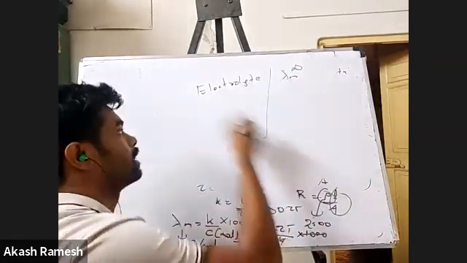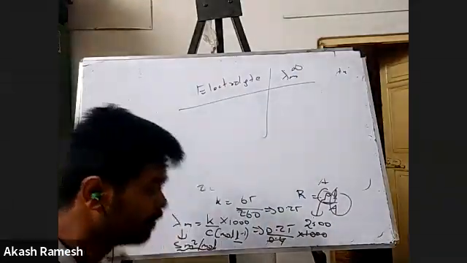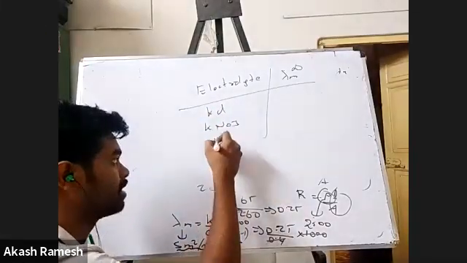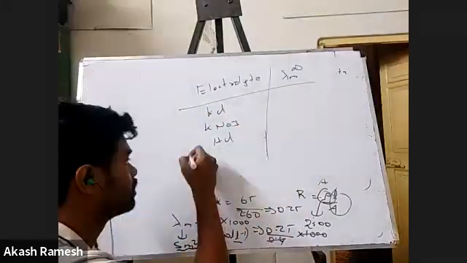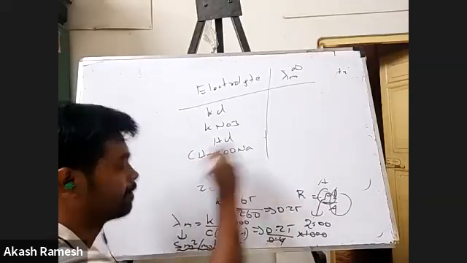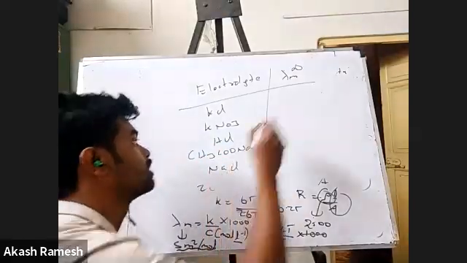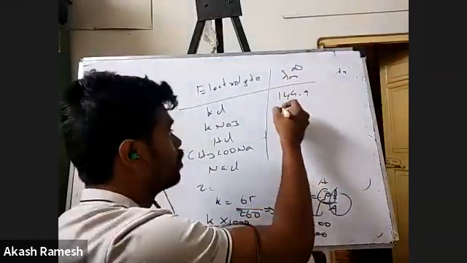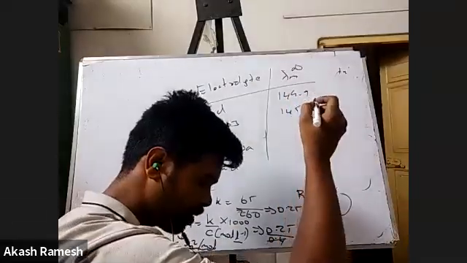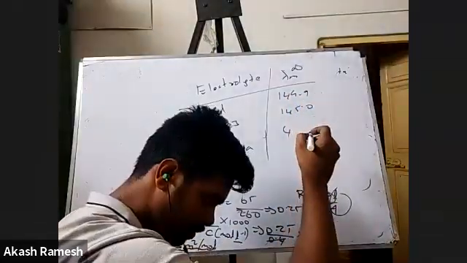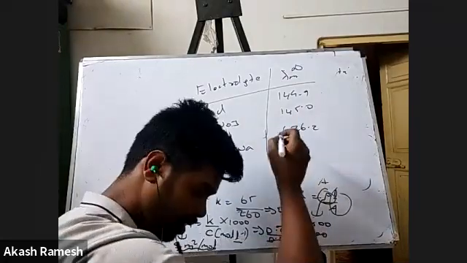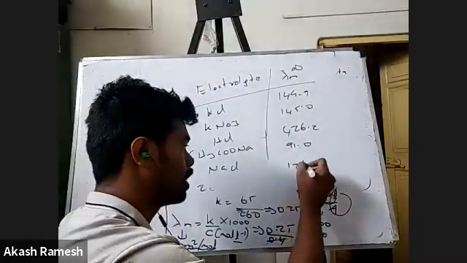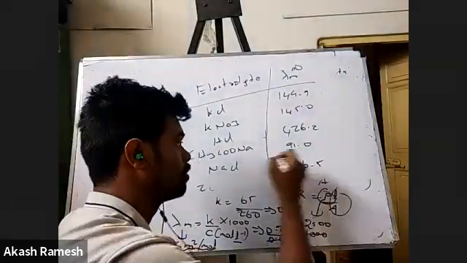So electrolyte and lambda m naught, they have given you a table. They've given KCl, KNO3, HCl, CH3COONa, and NaCl, and the values are 149.9, 145.0, 426.2, 91.0, and at last 126.5.